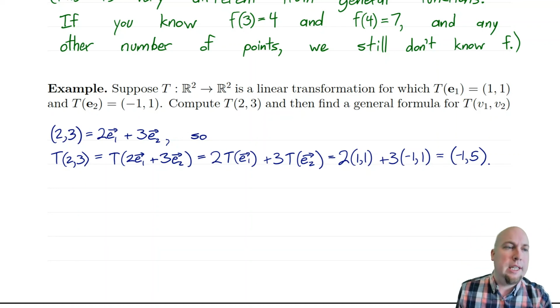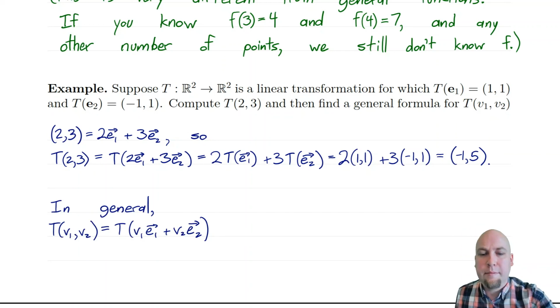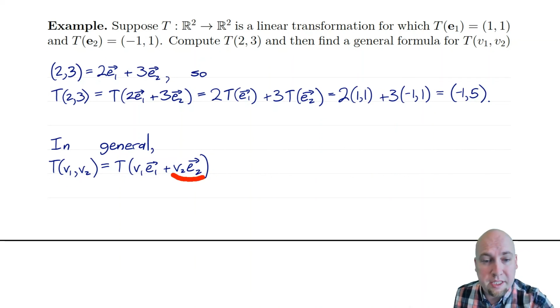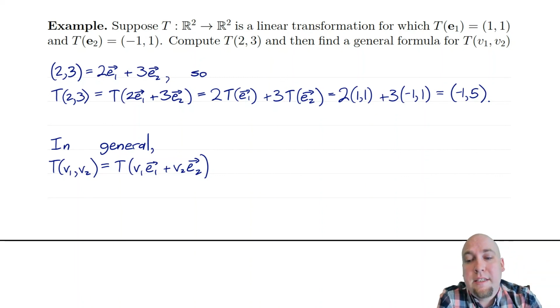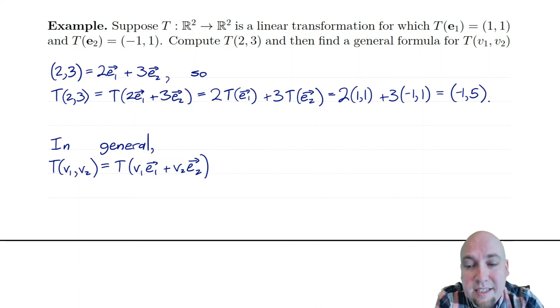So let's generalize this a little bit and figure out an explicit formula for T of (v1, v2). Slightly more generally, you can write (v1, v2) as v1 times e1 plus v2 times e2. So just write that vector as a linear combination of the standard basis vectors, and then split that linear combination up again because T is a linear transformation.